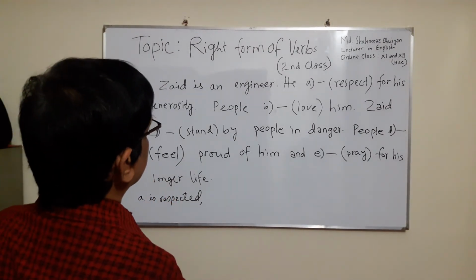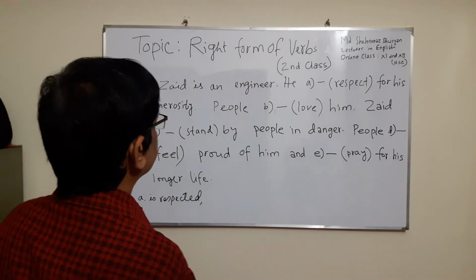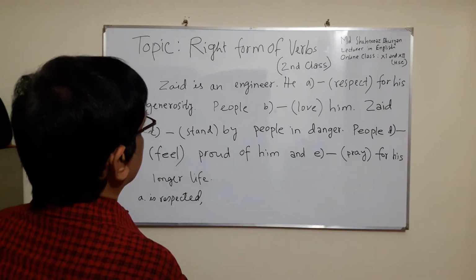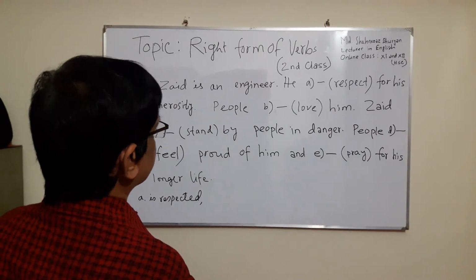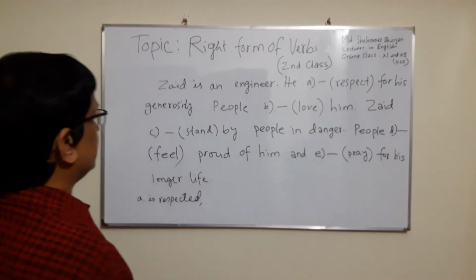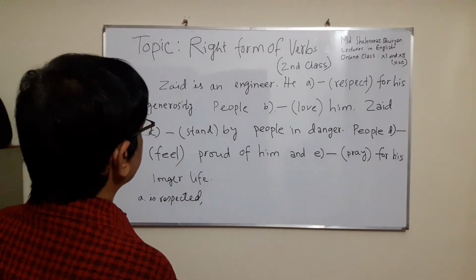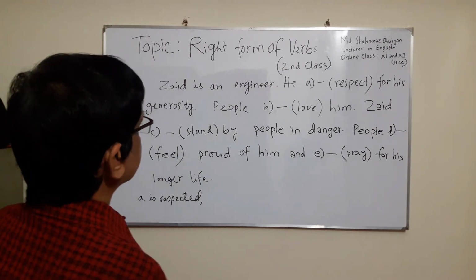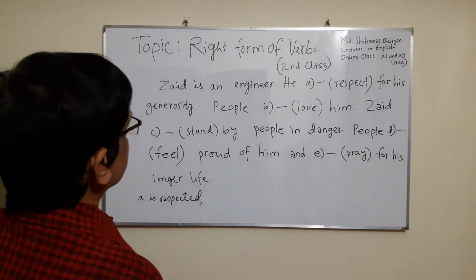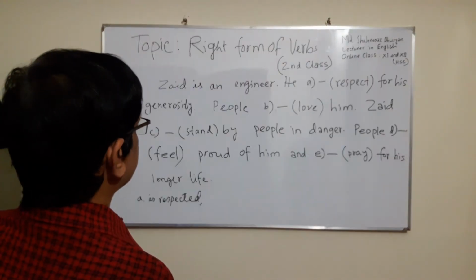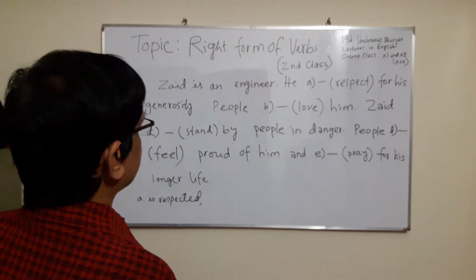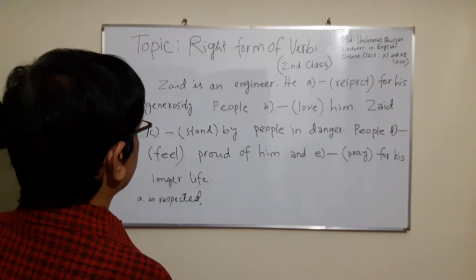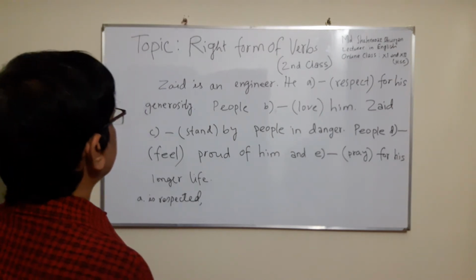Now I move on to number B. Here we see that love is given as a verb, and we have to use its proper form. Depending on the situation of the sentence, we can feel that the sentence in which love is given will be in present indefinite active. If a sentence is in the present active, just after the subject the verb will be in the present form, according to the subject.